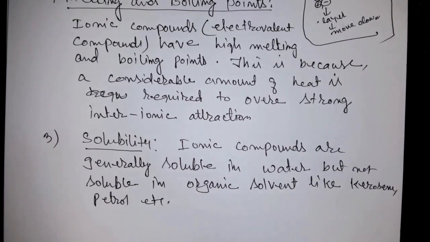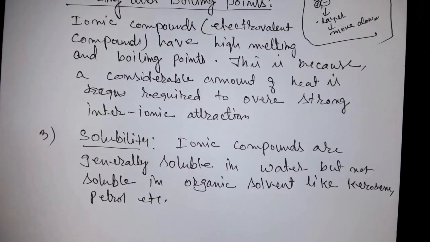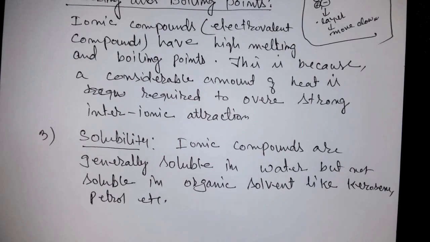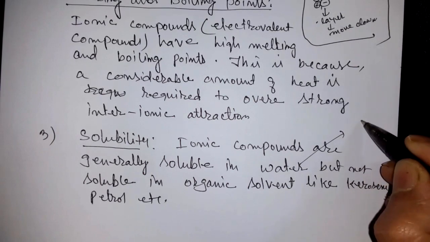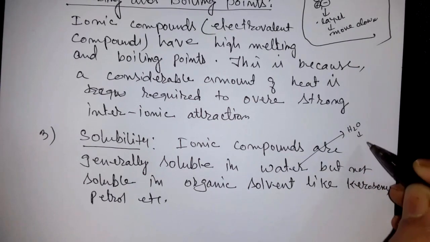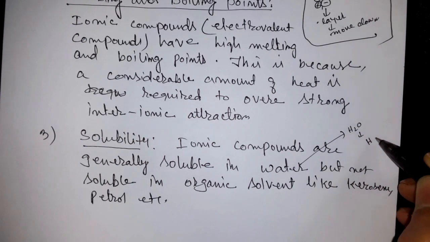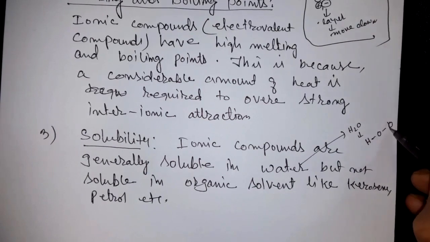Now, for solubility, the rule is like this. Ionic compound means they have charge. So, ionic compound will dissolve in a solution where charge is there. So, if you see the bonding of water, the water formula is H2O, and the water oxygen will form two covalent bonds with two hydrogen.